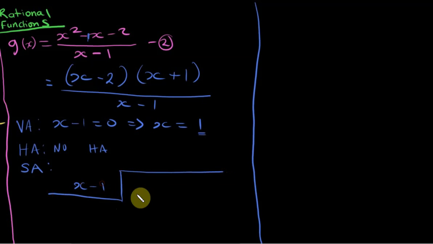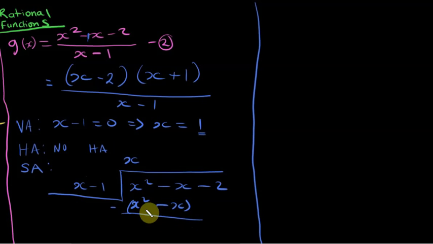Okay, x minus 1 into x squared minus x minus 2. Long division: x squared divided by x is x. x multiplied by x gives me x squared. x multiplied by minus 1 gives me minus x. All this we subtract from that one.